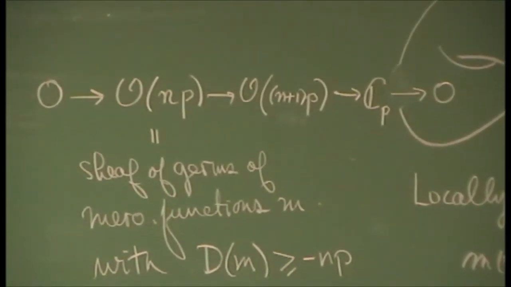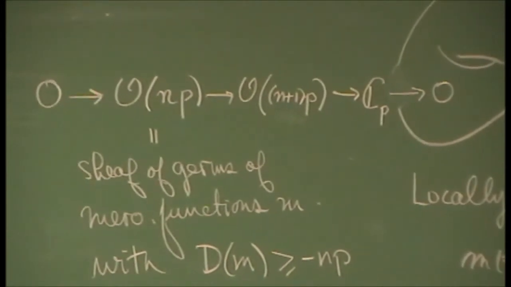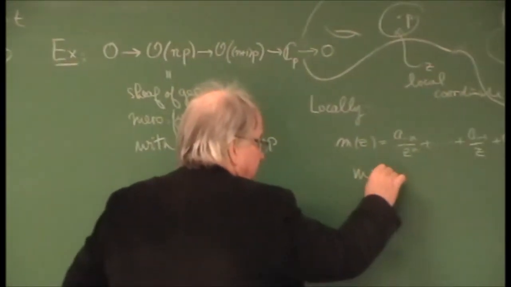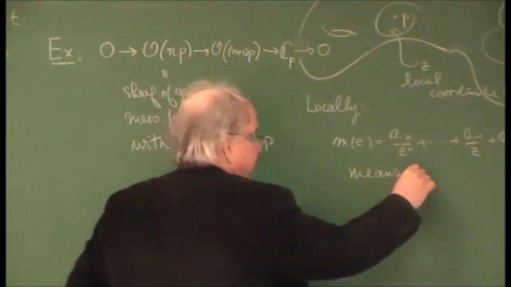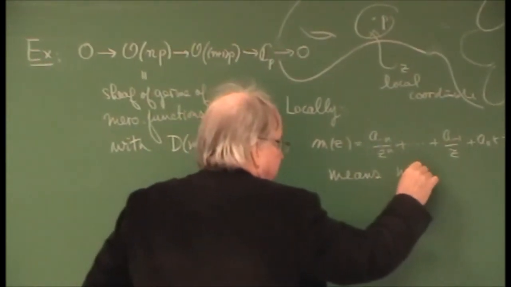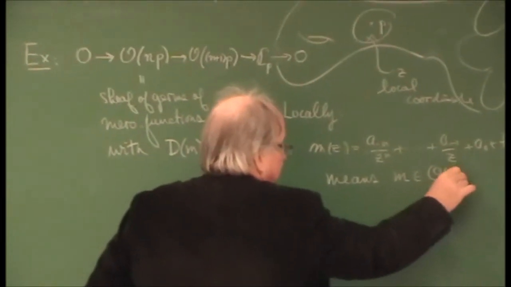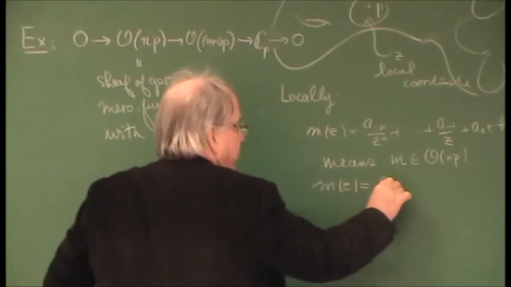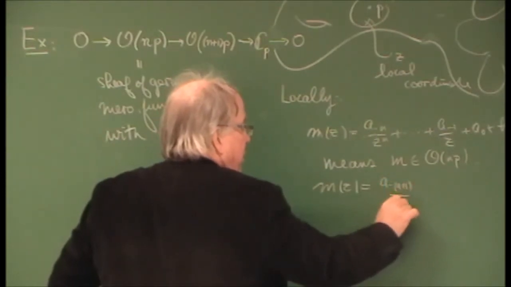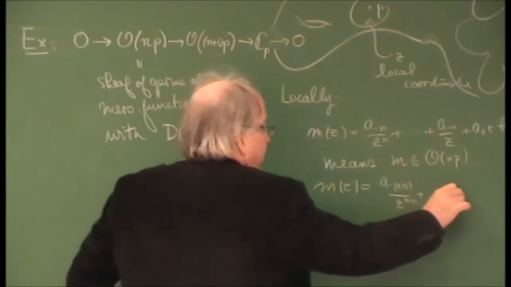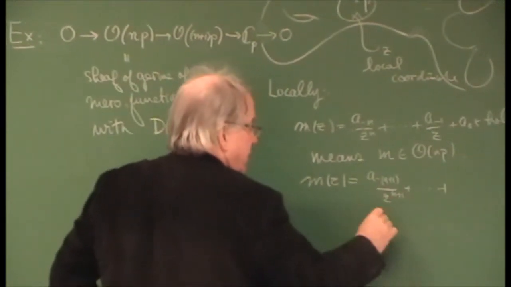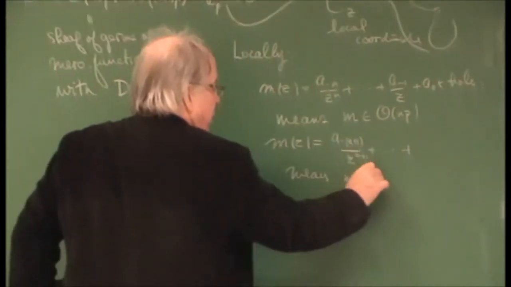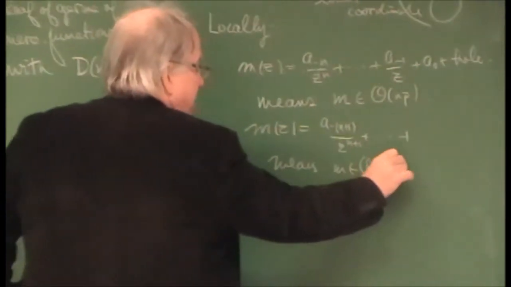But isn't it C^n? No. So this means that if this is the local expansion, M(z) having a local expansion allowing poles of order n plus 1 means that M is in O((n+1)P).